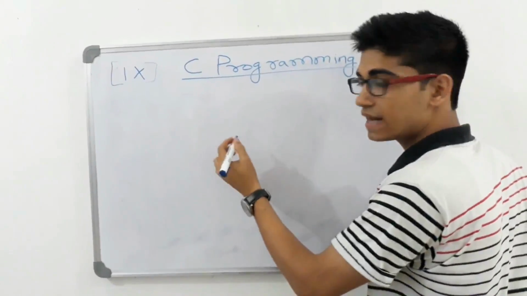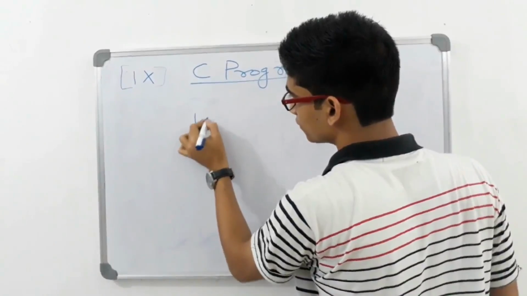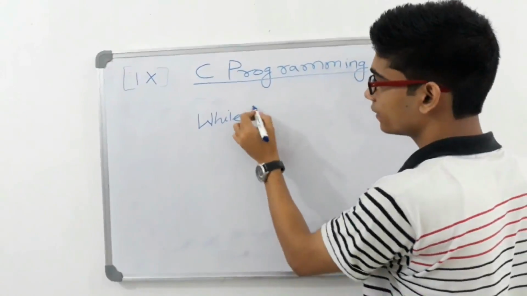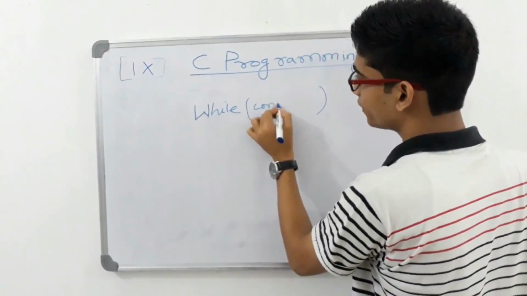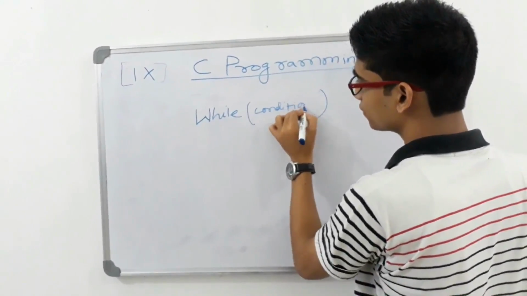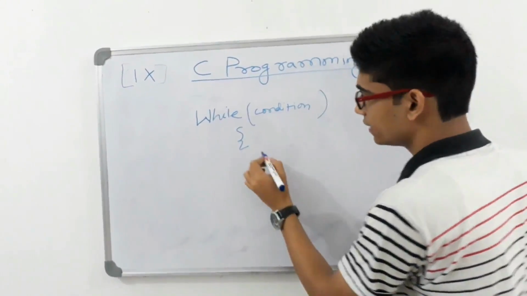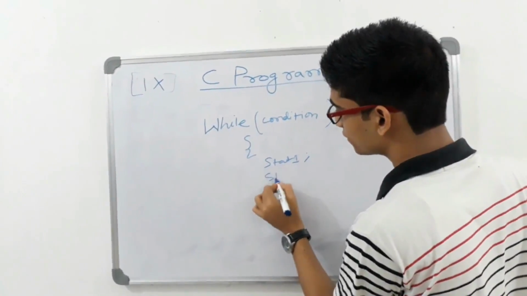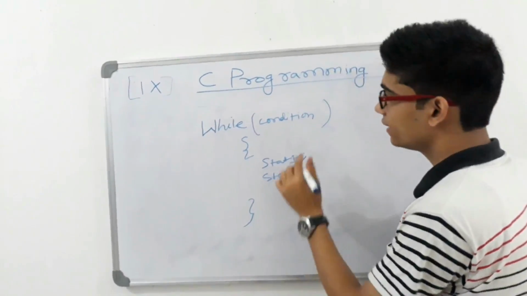The general syntactical structure of while loop is like this. We write the keyword while, and within the parentheses we have a condition here. Then we open the scope with curly braces, and we have statements, say statement 1, statement 2, and then we close the braces.